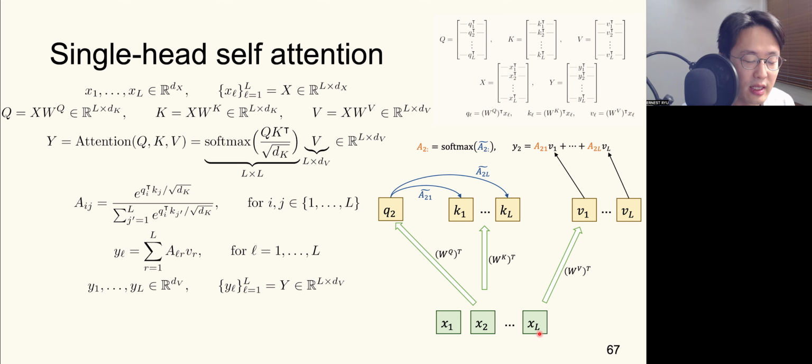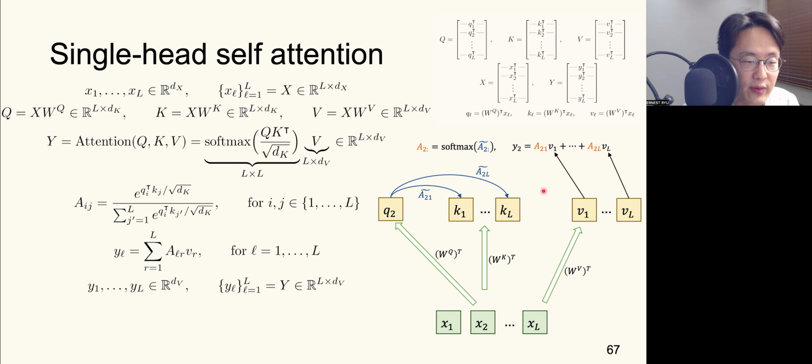Little xL multiplied by WK transpose gives you k big L. If you want to get the second Q vector, this Q matrix is again L by dk. It has L rows. We refer to the first row of Q as q1, the second row as q2, and it goes down to little q big L. q2 is the second row of this Q matrix, and that is obtained by taking x2 and multiplying by WQ transpose.